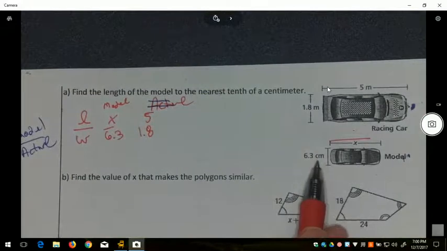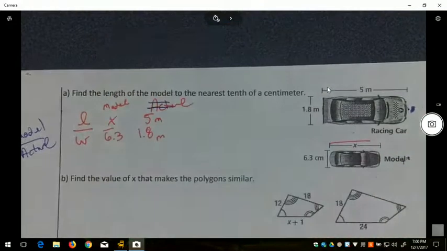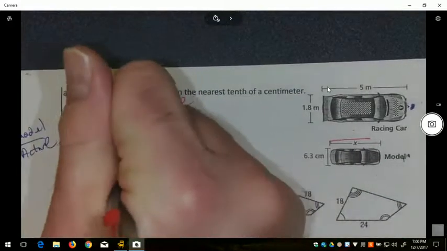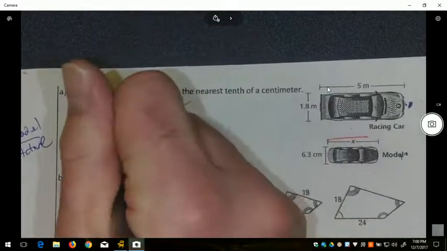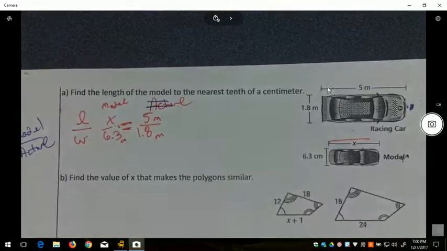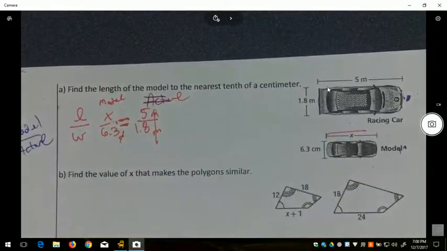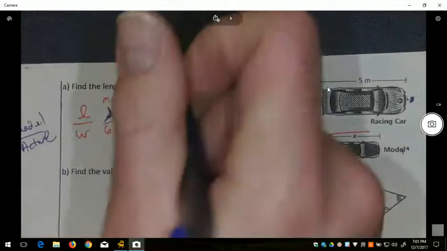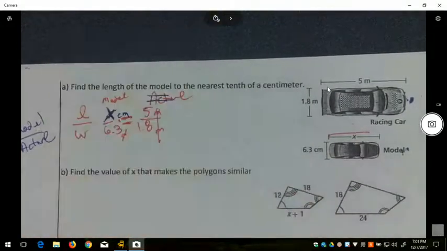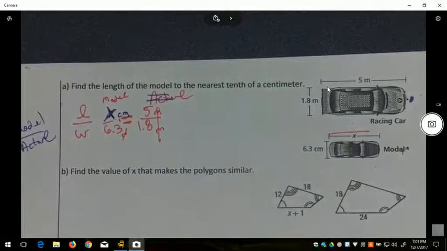Now it's okay that this is in centimeters and this is in meters, because if I have meters over meters, they really cancel out. And centimeters over centimeters, they really cancel out. So I could now set these equal to each other. My units are gone for now. I do know that in the end, since I'm solving for x, that was a unit that was in centimeters. All I have to do is cross multiply and solve.